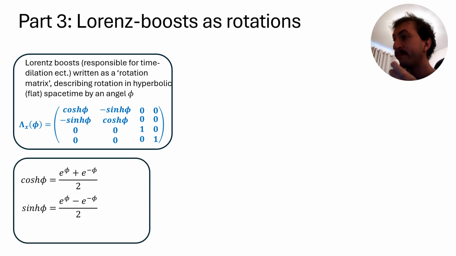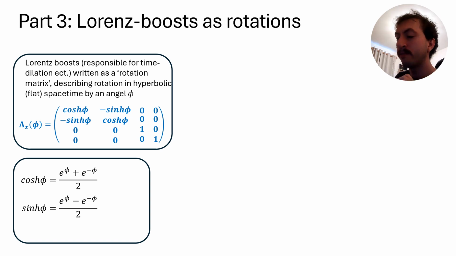Now, if we want to get an infinitesimal Lorentz transformation, an infinitesimal Lorentz boost, then we need to look at explicitly what cosine and sine are in terms of our hyperbolic angles. So in the black box at the bottom, I've written the definitions for sine and cosine. As a side note, an interesting thing is that cosine of phi has even parity, whereas sine of phi has odd parity.